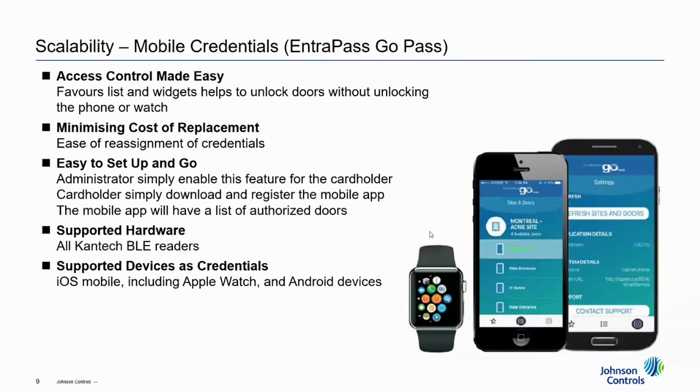By installing this mobile app onto the phone, it will create a unique card ID. The EntraPass administrator will save this card serial number or card ID into the EntraPass server, and then assign to this person the doors that he is allowed to go to.